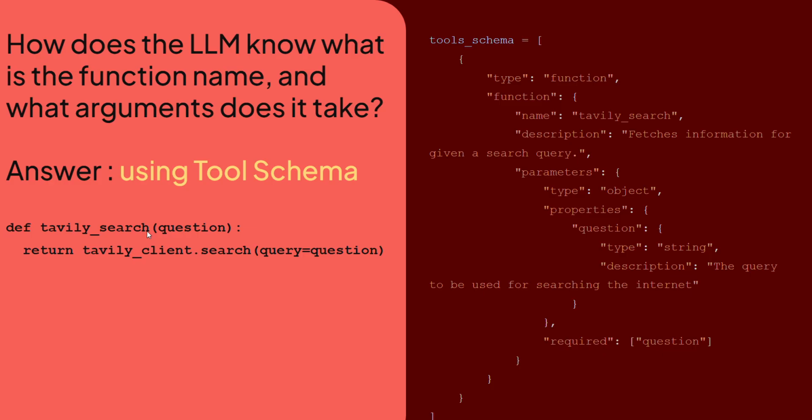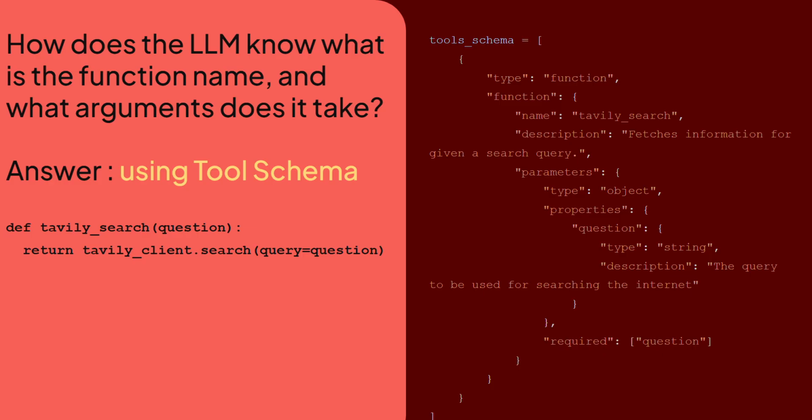You want to tell the LLM, I am providing you with a function called Tavily search, and if the user asks a question for which you don't have an answer or the latest answer, you can use this tool. For this, you have to pass a parameter called question, so whatever queries are passed via this question parameter, you can use it and it will give you the answer, and using that response you can give the final answer.